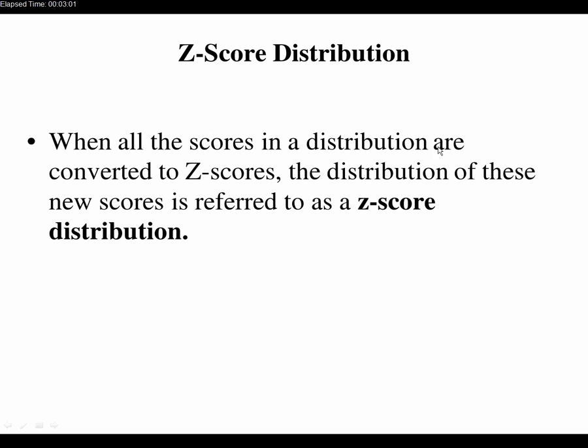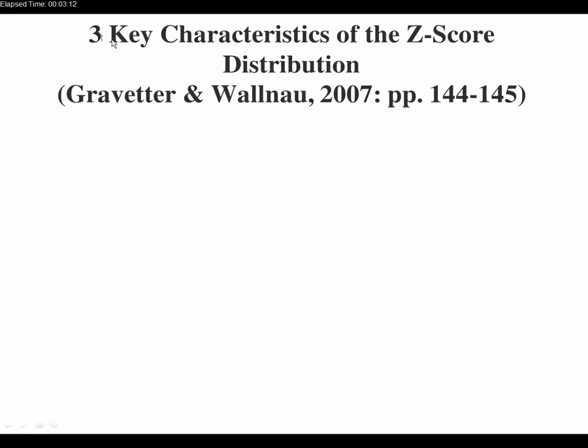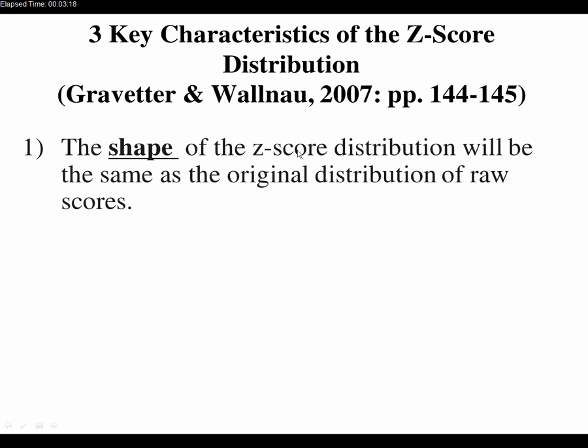When all the scores in a distribution are converted to z-scores, the distribution of these new scores is referred to as a z-score distribution. The three key characteristics of the z-score, Raviter and Wallnow tell us, are: the shape of the z-score distribution will be the same as the original distribution of raw scores.